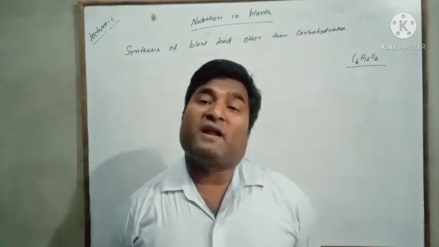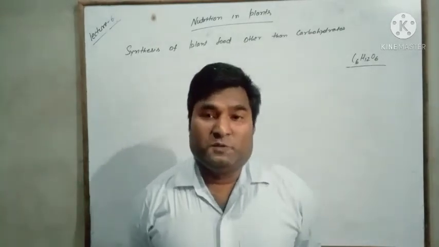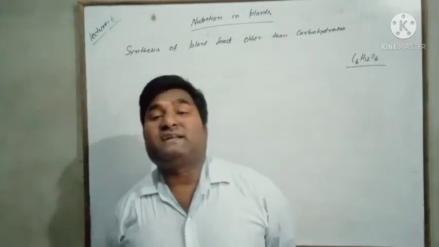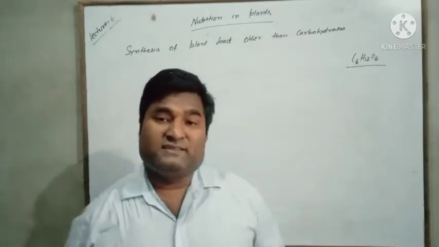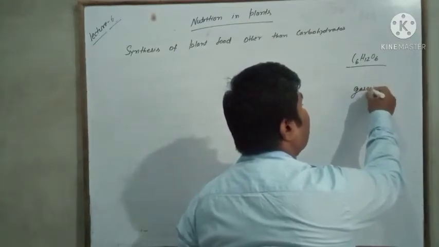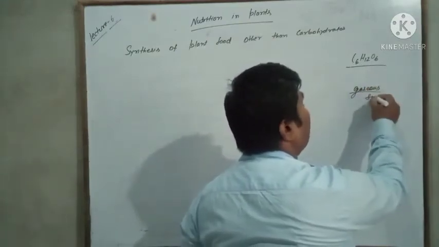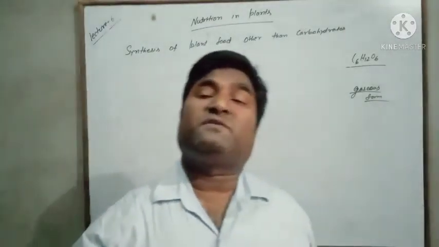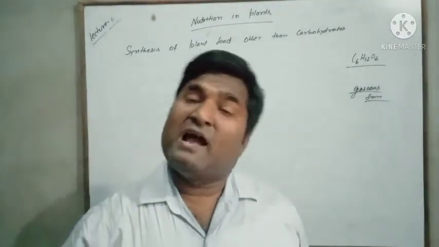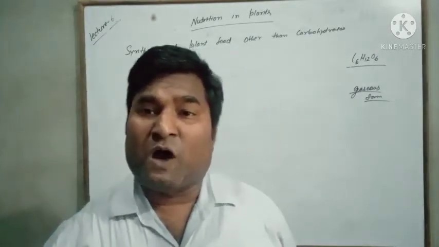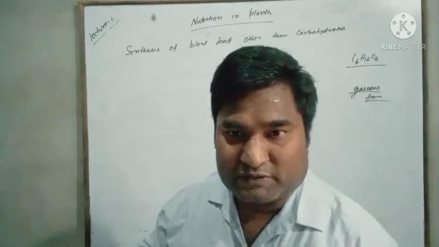So from where do plants get nitrogen? You will say, sir, nitrogen is present in the atmosphere, that is 78%. This atmospheric nitrogen is in gaseous form, and plants cannot take nitrogen from the atmosphere and use it for the synthesis of protein. So how do they get nitrogen?